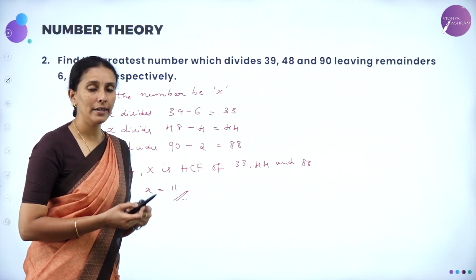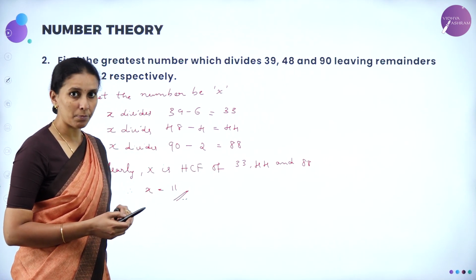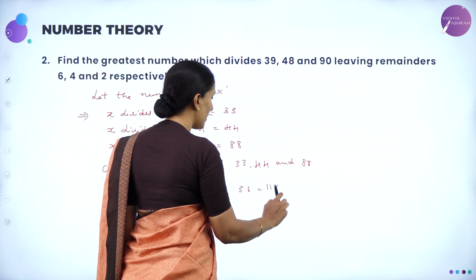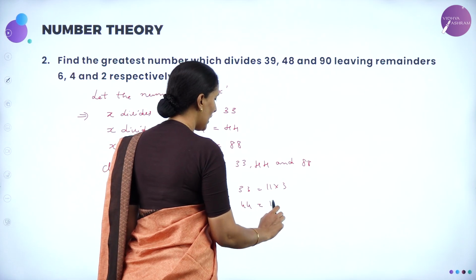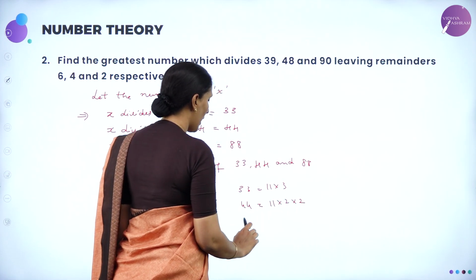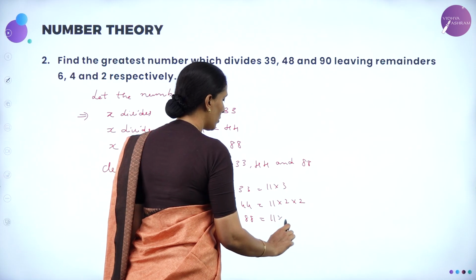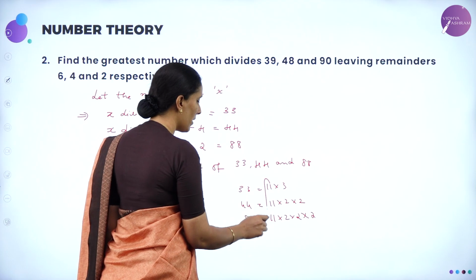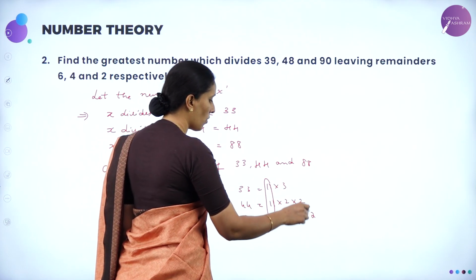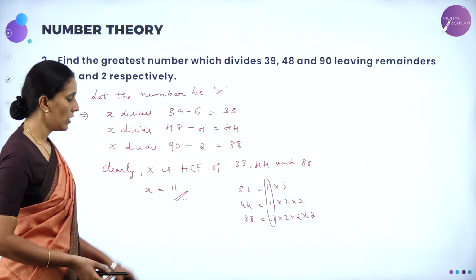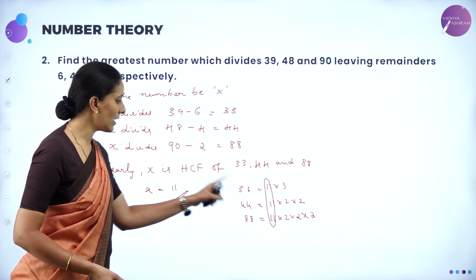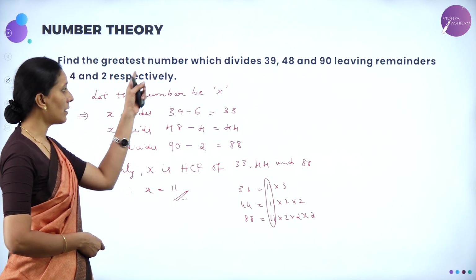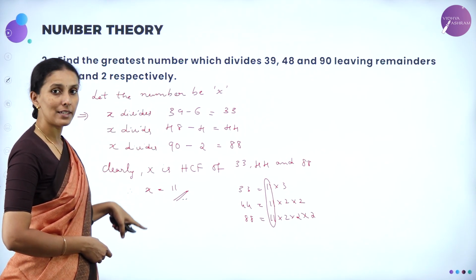If you can't find this by inspection, you can express 33 as 11 into 3, 44 as 11 into 2 into 2 and 88 as 11 into 2 into 2 into 2 as a product of primes. Then you can see the common factor here is 11. No other factors are repeated anywhere. So clearly the HCF of all these three numbers is 11 and hence the value of x is 11. That means the greatest number which divides all these three numbers is 11.